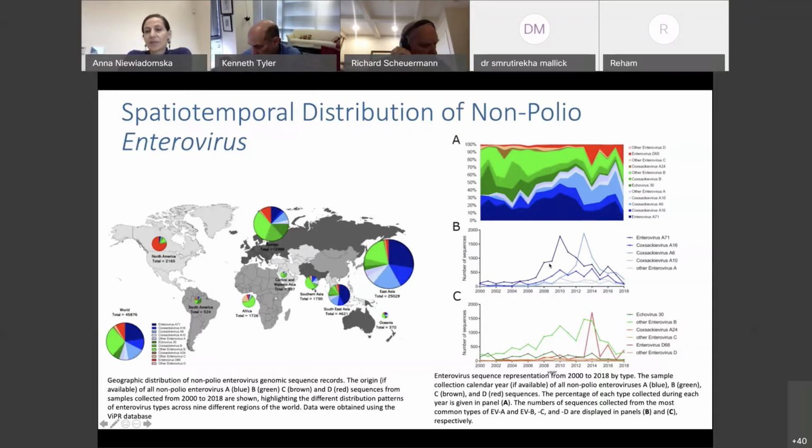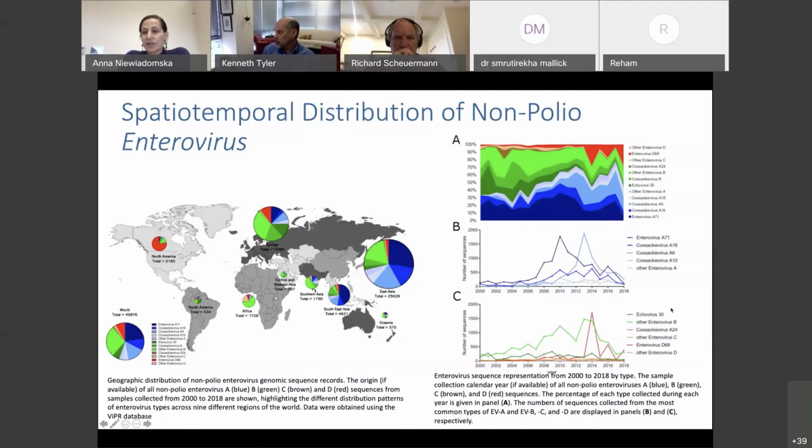And similarly, if you look at the temporal distribution, you'll see that different enteroviruses are responsible for different outbreaks throughout the past couple of decades, where you'll see the number of sequences in our database spiking depending on what outbreak is currently circulating. So for example, in 2010, there was an enterovirus A71 outbreak responsible for hand, foot, and mouth disease, or Coxsackievirus A6 a few years later.